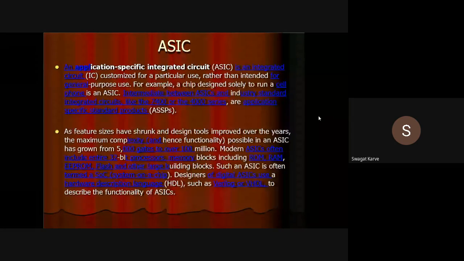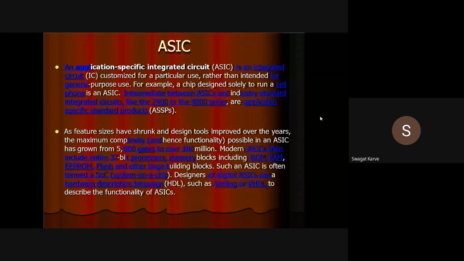Now the modern ASICs include an entire 32-bit processor, memory blocks, different ROM, RAM, EEPROM, flash, right? Everything is there in that simple ASIC. And one of the best advantages of this ASIC is that by using a simple language that we are studying, Verilog or VHDL, you can program that ASIC.